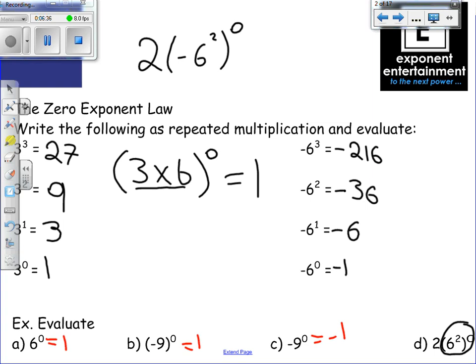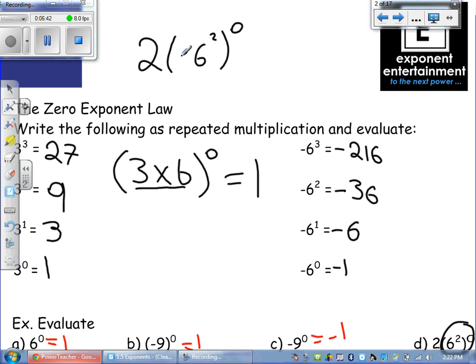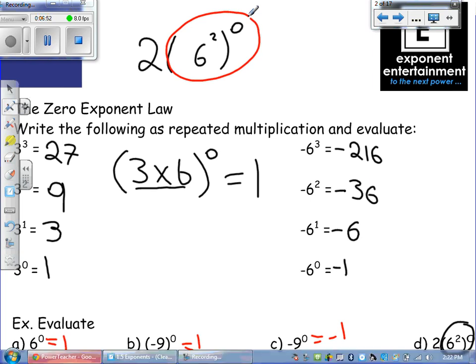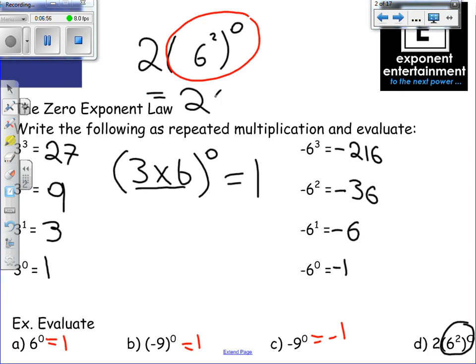It doesn't matter if it's positive or negative, but is it negative 2? No. So you look at this entire thing. That's an entire power. And it's to the power of 0, so you know it's equal to 1. It's just equal to 2.